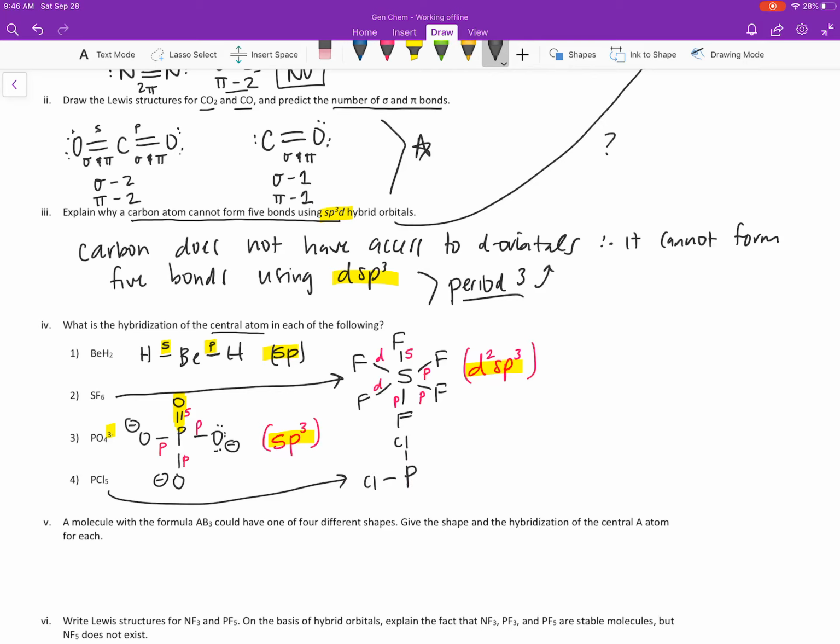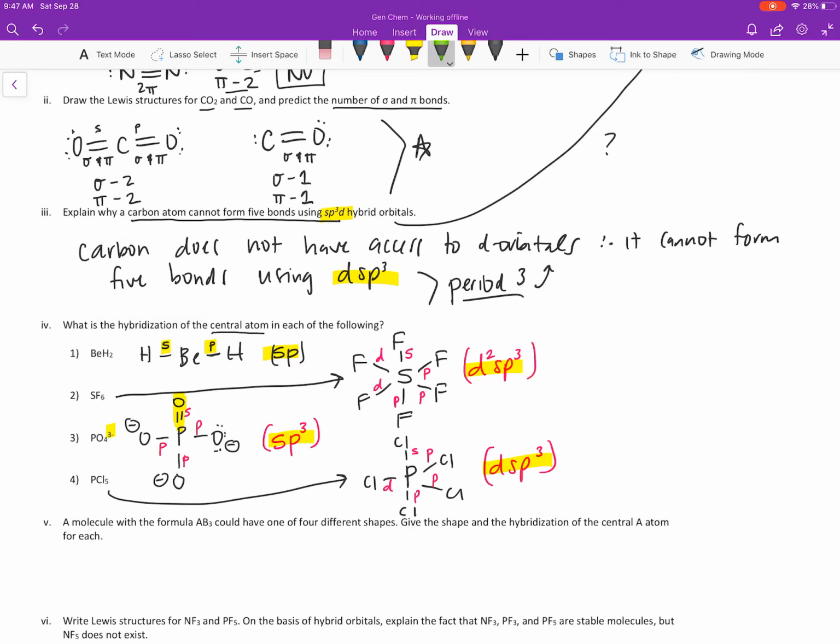PCl5. So at this point, you might start to see patterns and you might predict the hybridization. And if you haven't yet, I will tell you one way you can do that. It's got 5 bonds. Each chlorine is evenly distributed around the phosphorus.